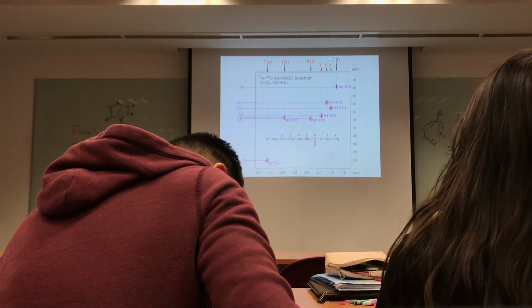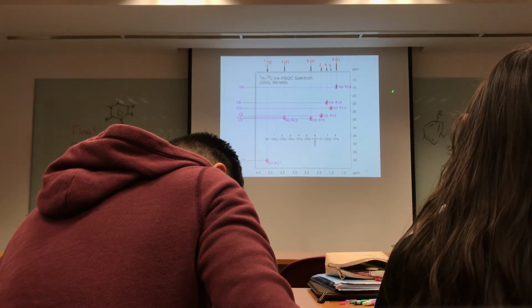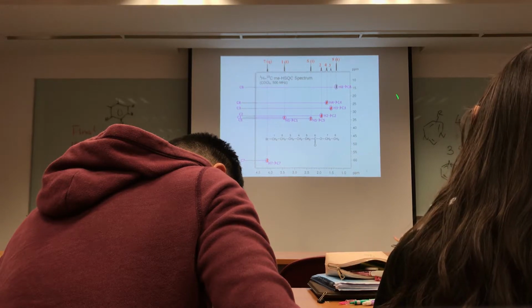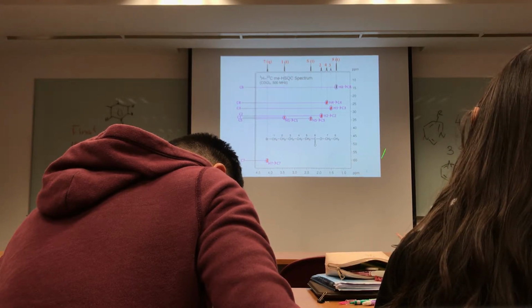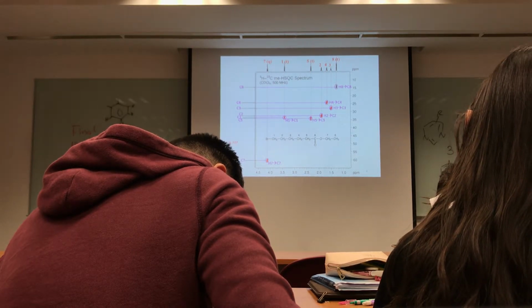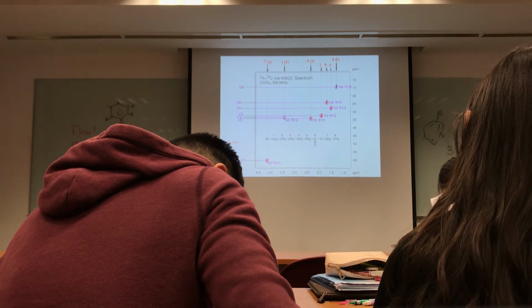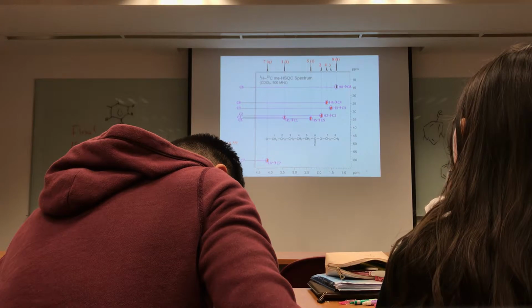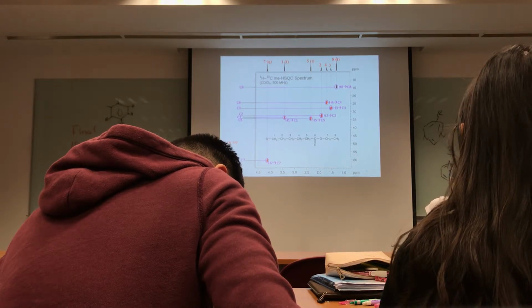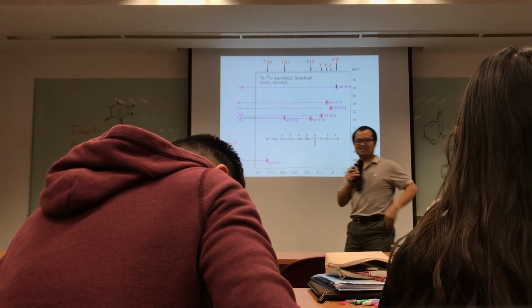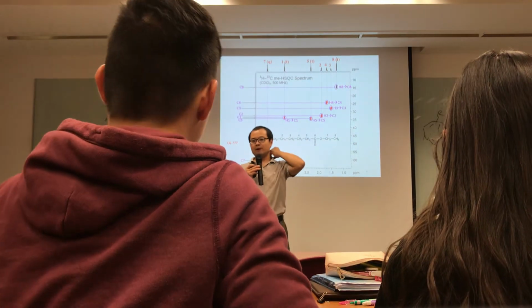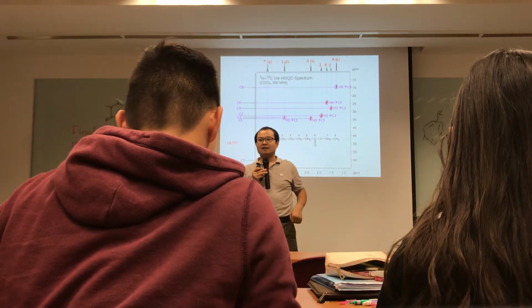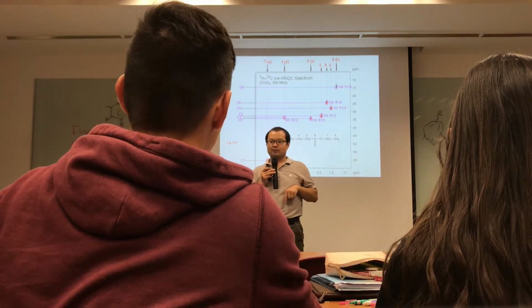Now after we use COSY to analyze all these proton signals, with HSQC or HMBC we assign all these carbon signals. In that case, where is carbon 6? Yes. Because HSQC or HMQC detect protons.